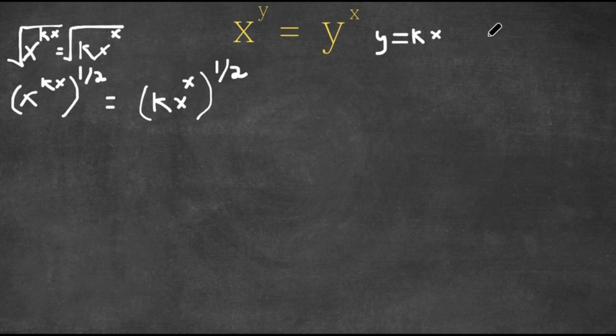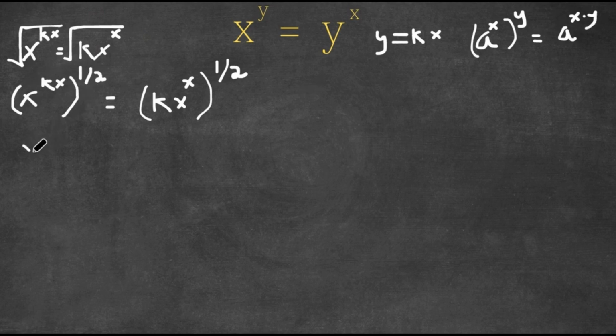Now, if we have something like a to the power of x to the power of y, this is the same thing as a to the power of x times y. So we have x to the power of kx to the power of 1/2.